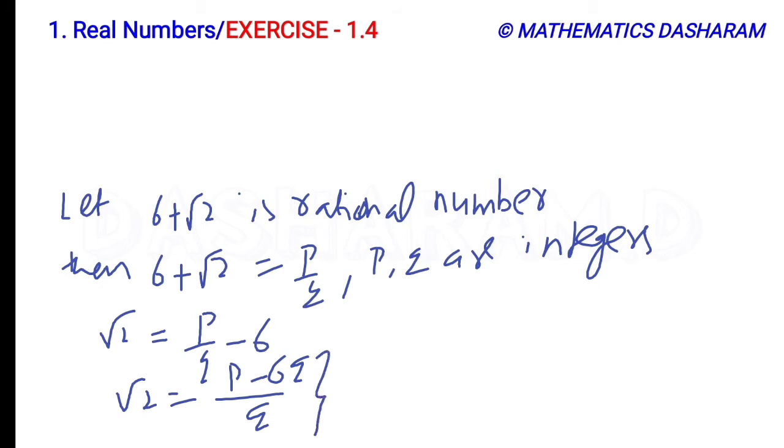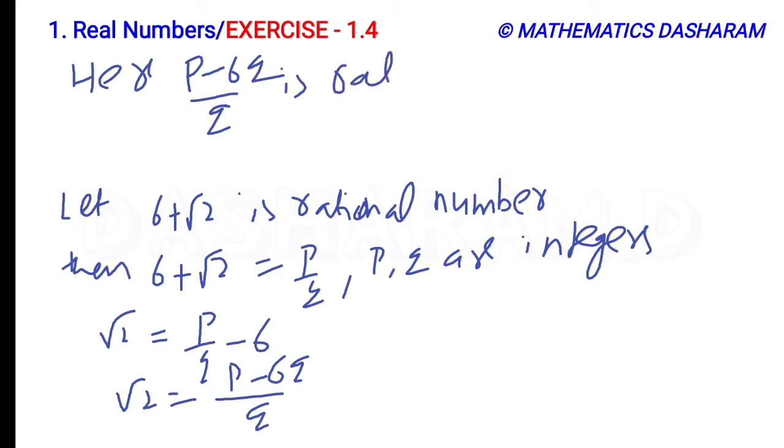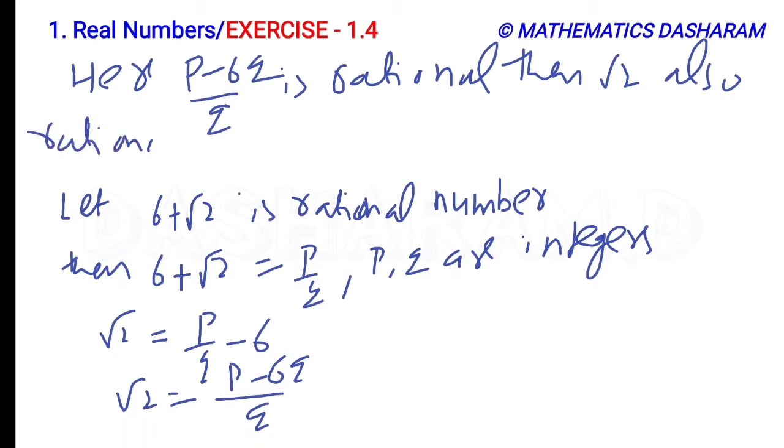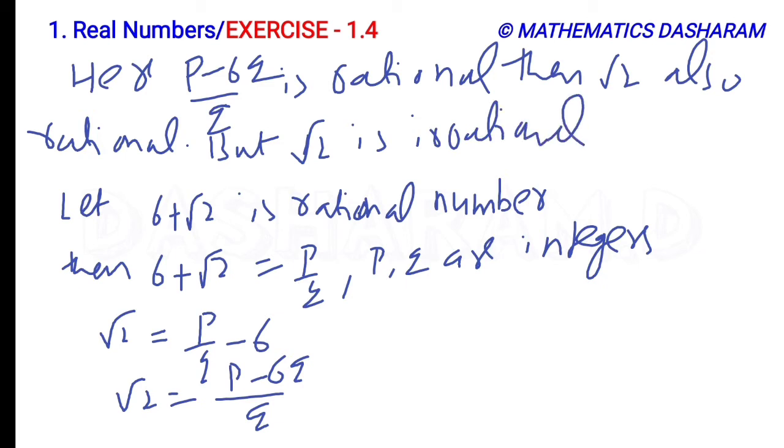Here p minus 6q by q is exactly in the form of p by q. So p minus 6q by q is a rational number, but it equals what? Root 2. So root 2 is also rational, but we know that root 2 is irrational. So our assumption is wrong. So 6 plus root 2 is an irrational number.